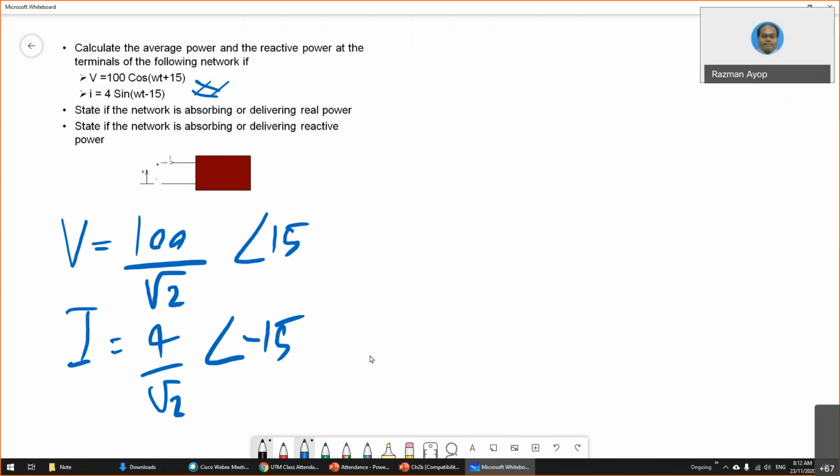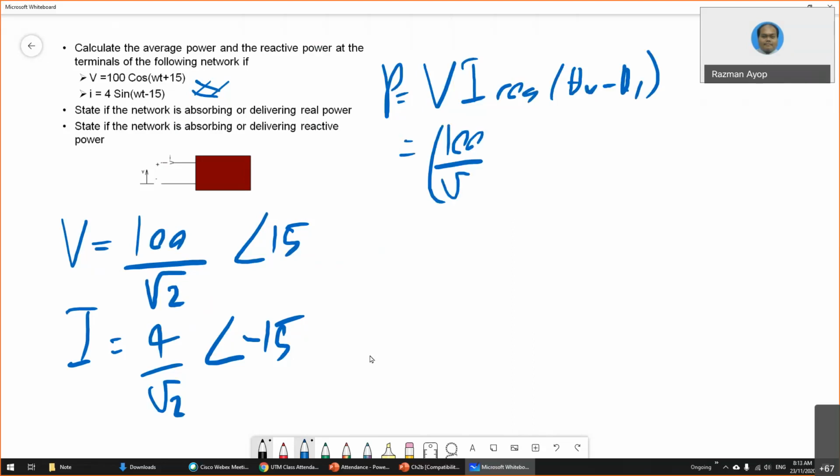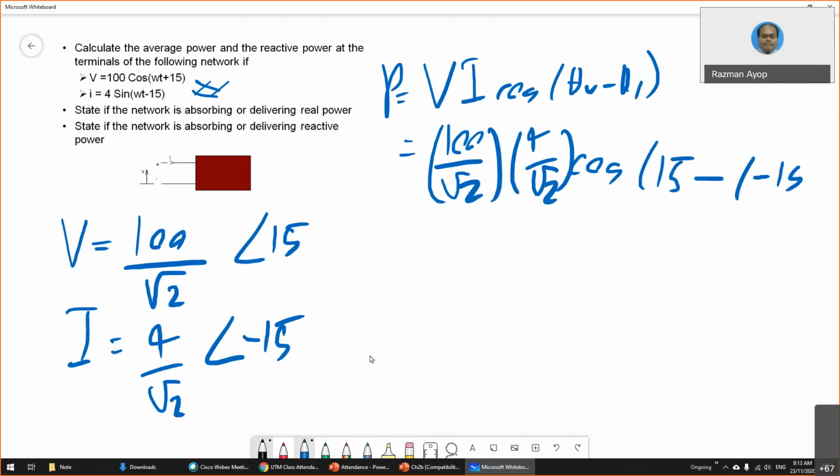So I show you two ways to do this. Either you use P equals VI cos(theta V minus theta I). For this one, just take 100 divided by square root 2, and then 4 divided by square root 2, the magnitude only. Cos, theta V is 15 minus 15. So use your calculator.